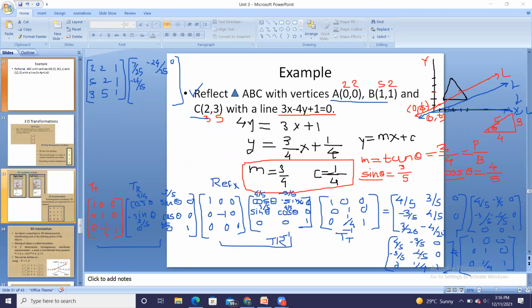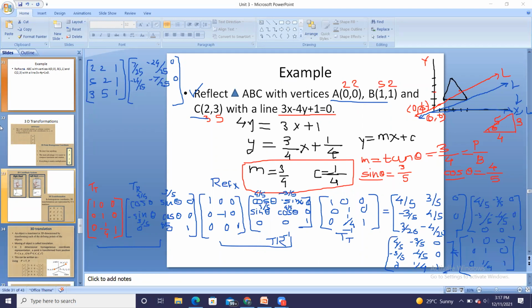So minus 16 plus 9, that is minus 16 plus 9. So minus 7 by 25 it will be, and 0. And last is this row and last column. So 3 by 20 and 4 by 5.